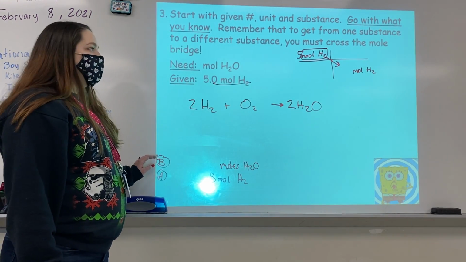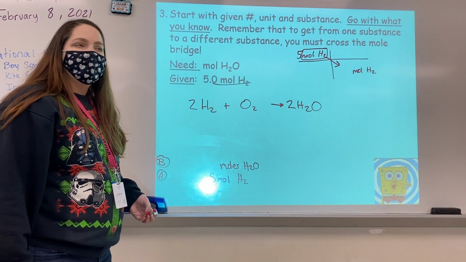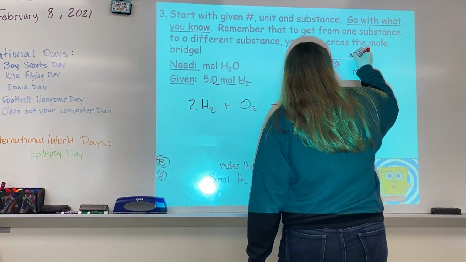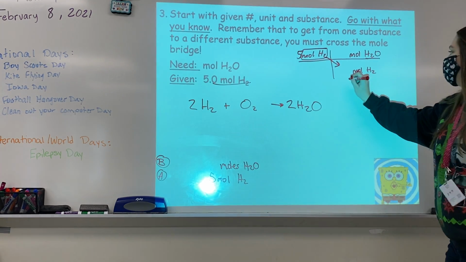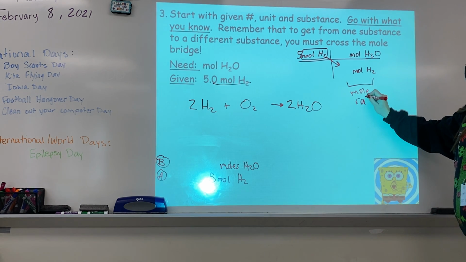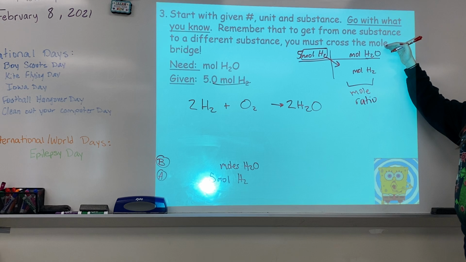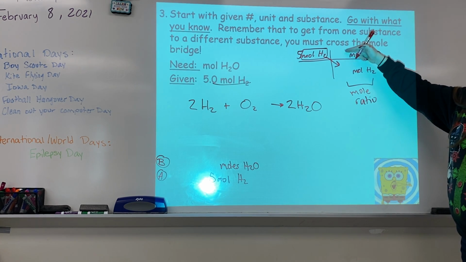So then what do I want to end with? What do I want to be left with? Moles of H2O are what's going to go on top. This is called your mole ratio. You're going from moles of one thing to moles of another thing. Where do your numbers for your mole ratio come from?